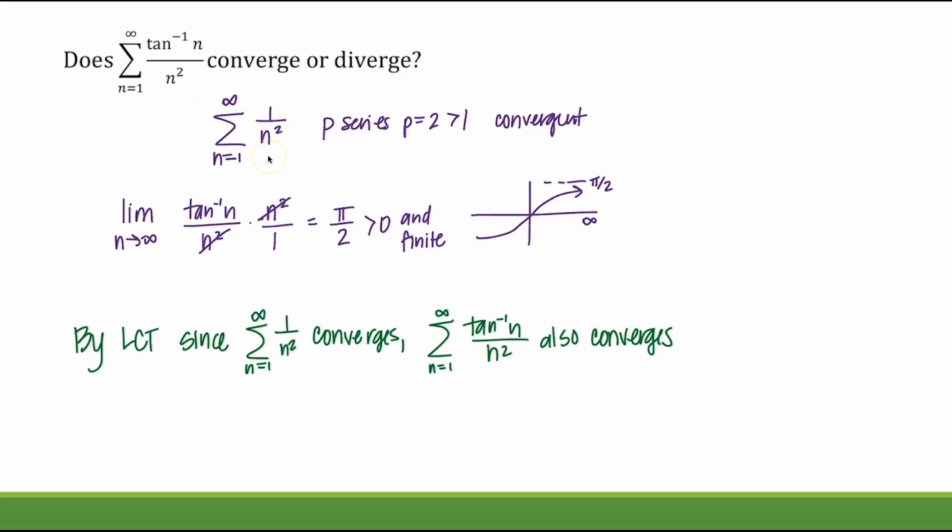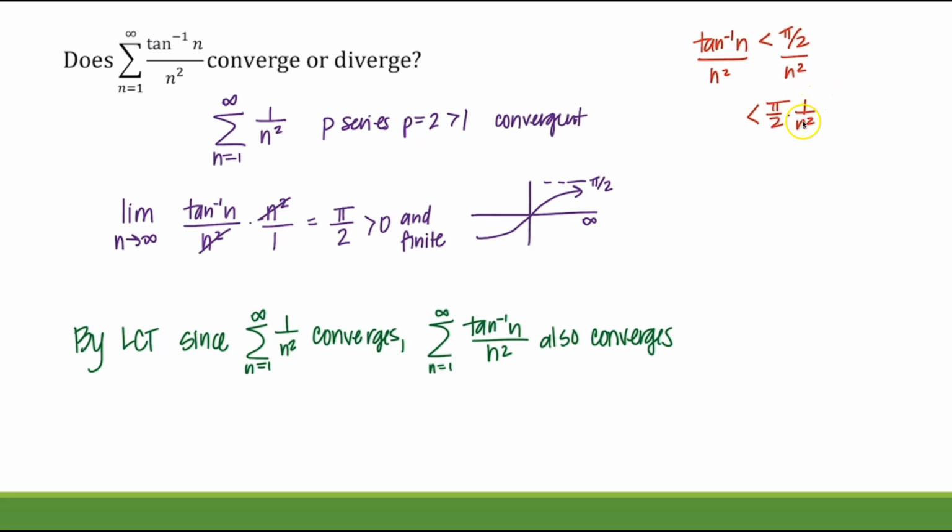Now, just real quick, on this one, we could have actually used the direct comparison test with 1 over n squared. So if we think about tan inverse of n, we know that tan inverse of n is less than pi over 2. So let's divide both sides by n squared. And what we have is now on the right-hand side, essentially a p-series. So we have a pi over 2 times 1 over n squared.